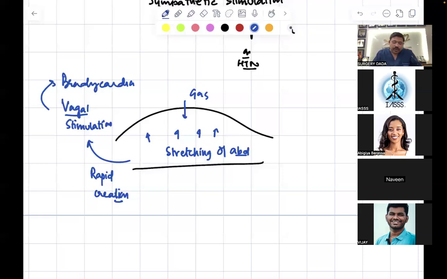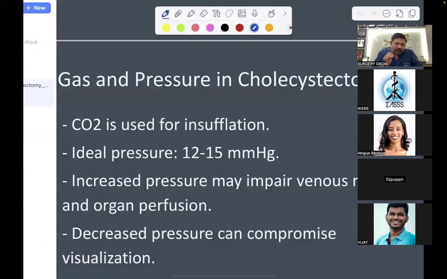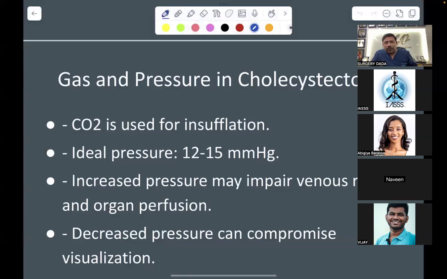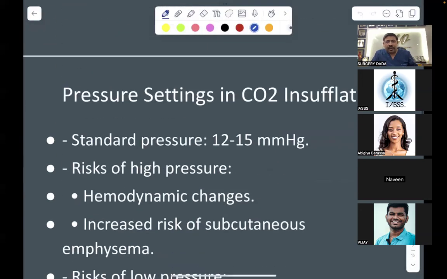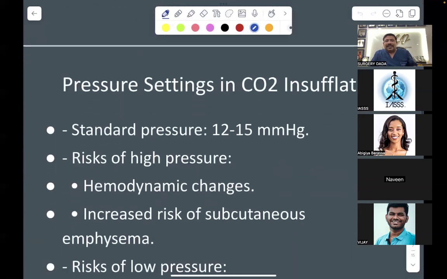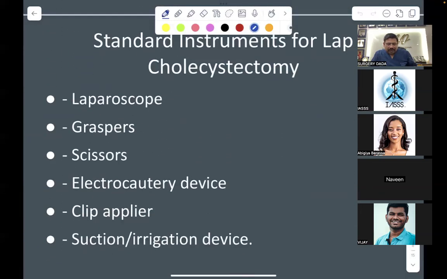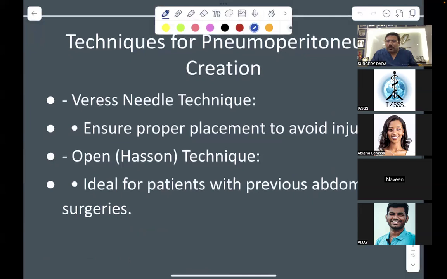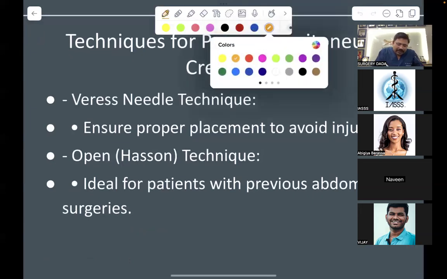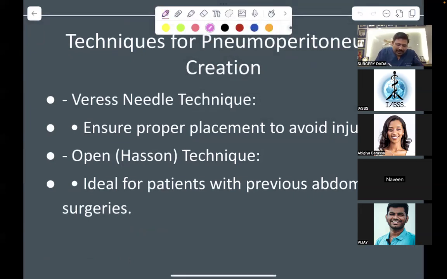This is very important. Now the question is, sir, which way are we going to use? When we are talking about the creation of the pneumoperitoneum, we have two standard techniques. What are the two standard techniques? We have the Veress insufflation, which is considered to be the safest. Why is Veress considered to be the safest?